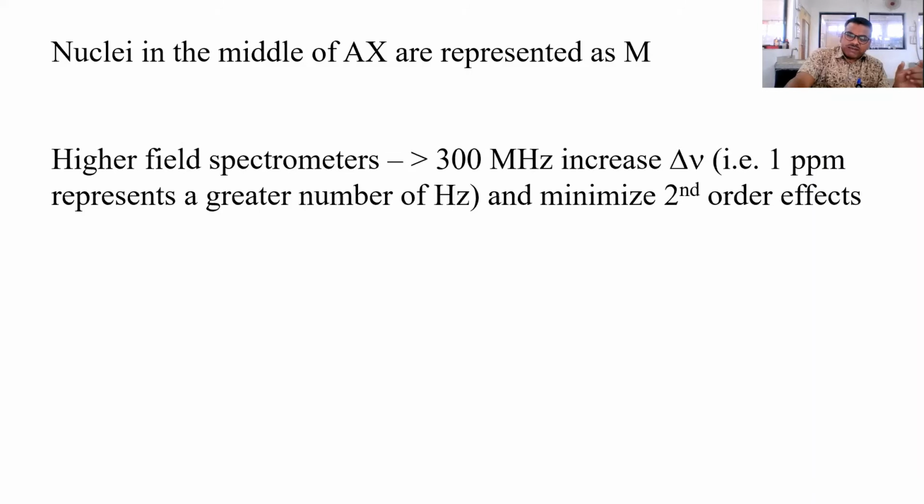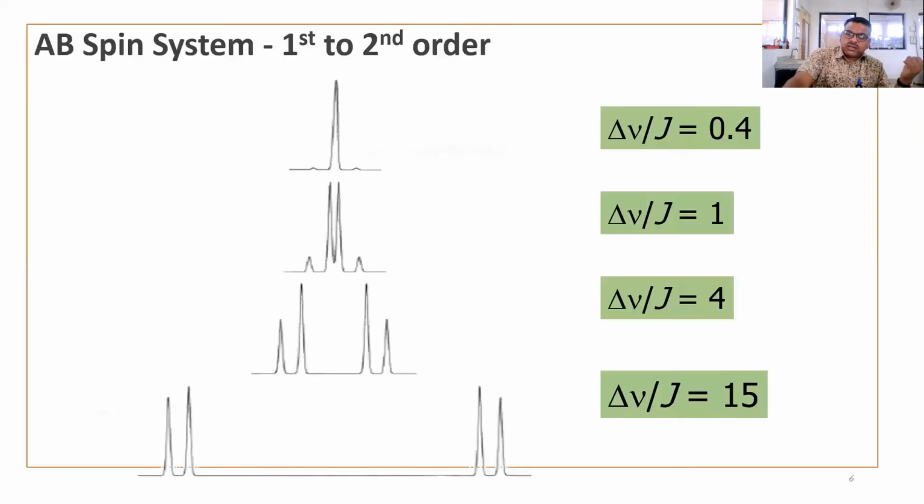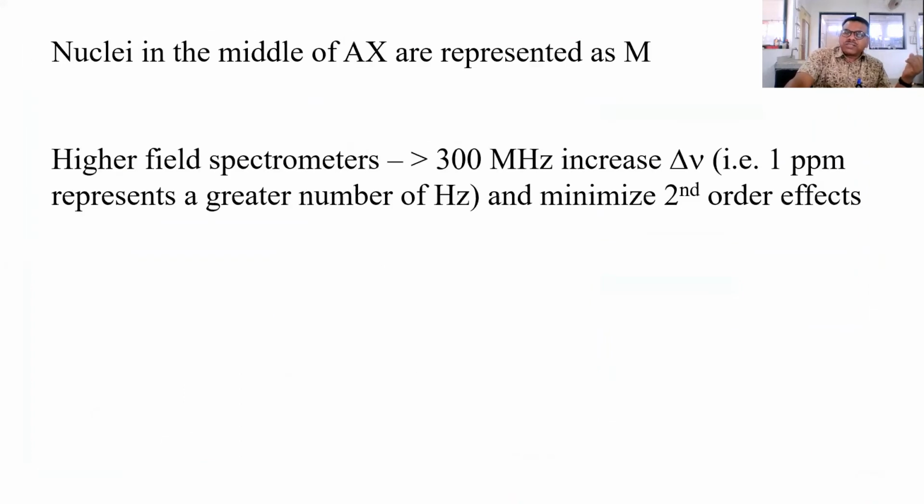So when we have the second order effect in the AB system and use a higher frequency spectrometer, the second order spectra is minimized and the first order spectra is increased.